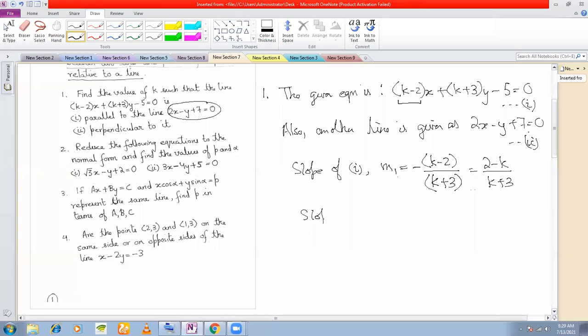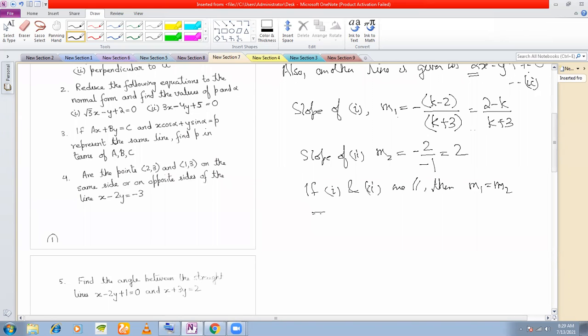What is the slope of 2? m2 say minus coefficient of x. What is the coefficient of x here? 2. So minus 2 divided by coefficient of y. Coefficient of y is minus 1. Slope of this is 2. Now, if 1 and 2 are parallel, then the slopes must be equal, right?